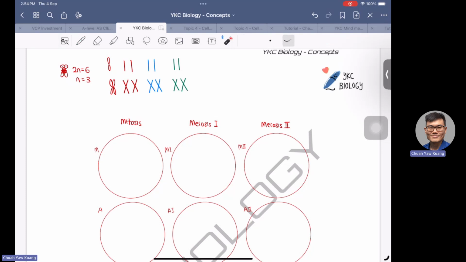So when the cells start to undergo mitosis or meiosis, in prophase, this is the type of chromosome that we will see. And after the mitosis or meiosis, the chromosome will exist in this form. We will talk about this in detail later.